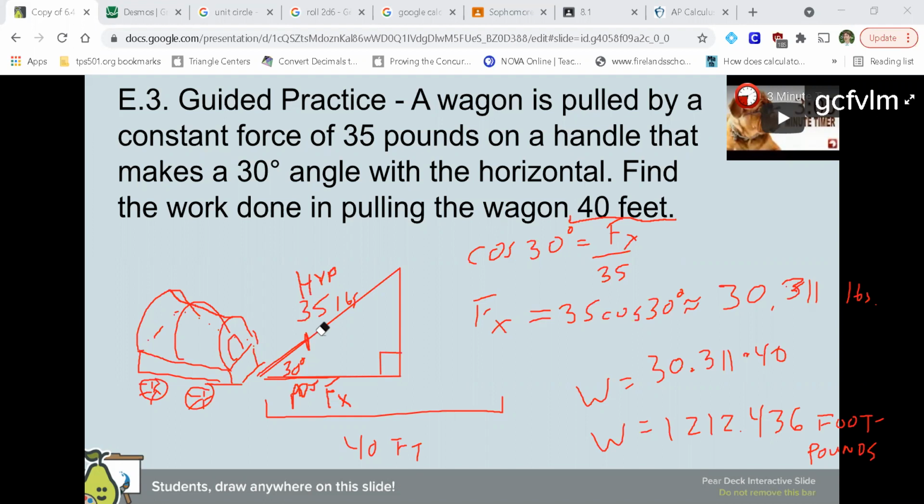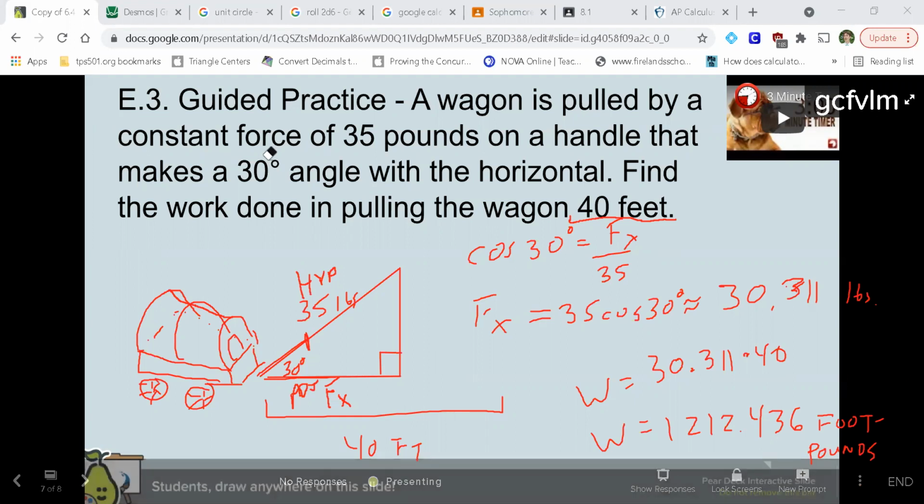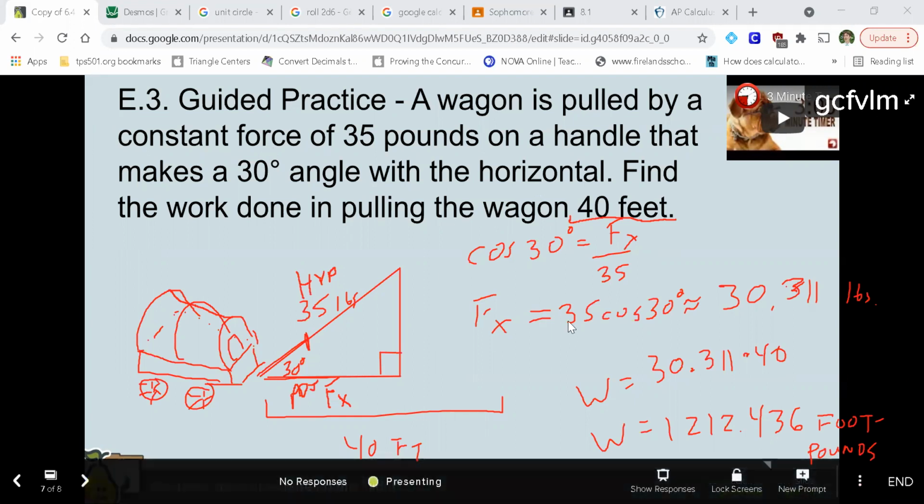But you all didn't have any work and friction problems? Because if friction existed in this, that's fair, because it does kind of mess you up a little bit. You could think the resulting force is going to be affected by this kinetic friction.